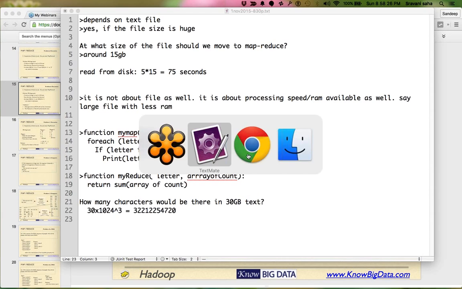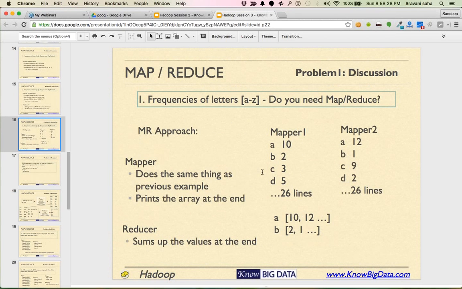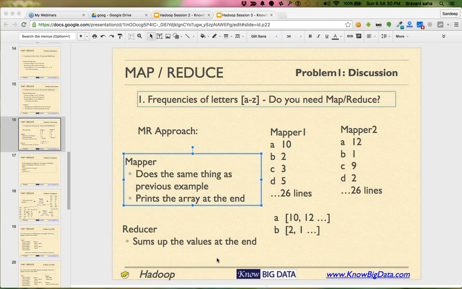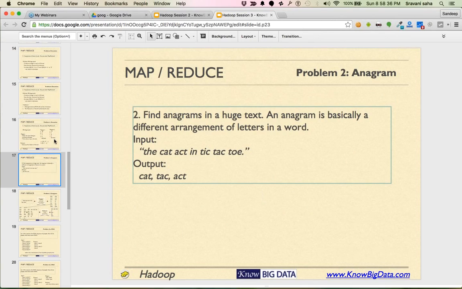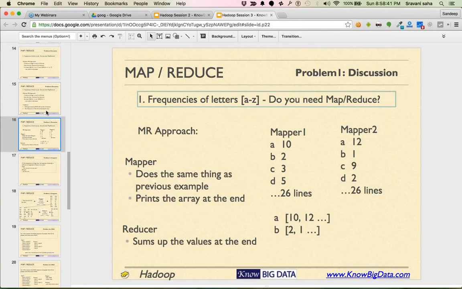All right. One way is we compute the frequencies of each line. For each line, we call our program, which we did here. For each line or each block of text, we run our logic, which we have written earlier. So instead of printing A1, B1, C1, D1, we are printing A10, B2, C3, C3, D5.